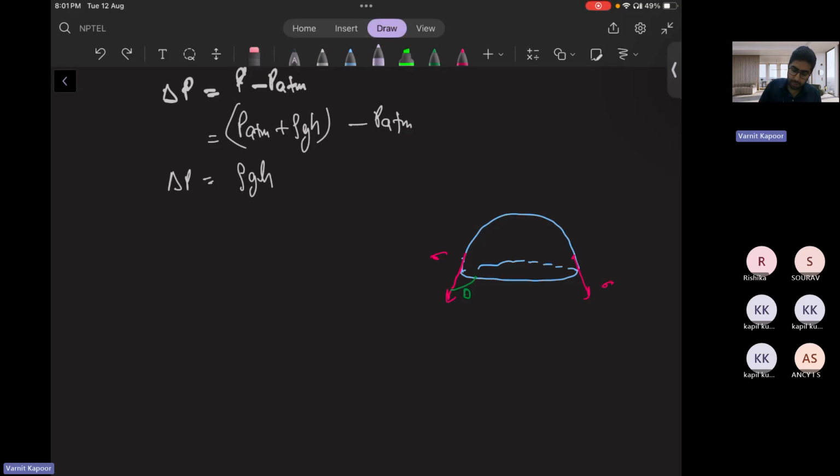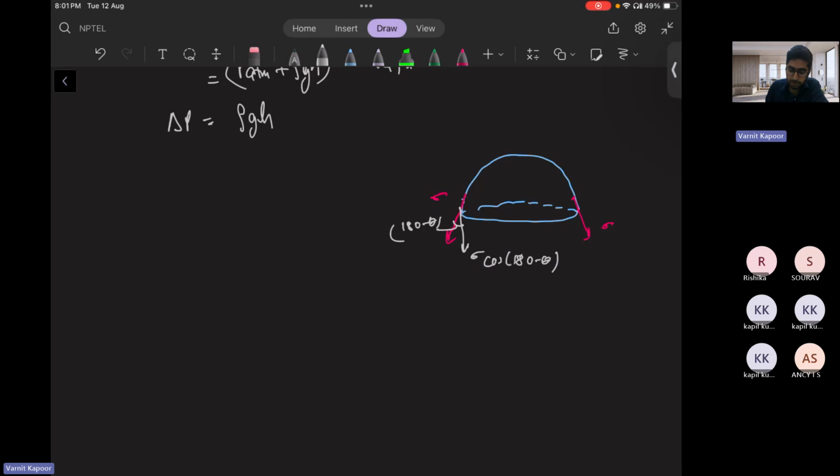So this angle I'll just redraw once again. If your tangent is going like this, and you take the vertical component of sigma, this angle will be 180 minus theta, so sigma cos of (180 minus theta).